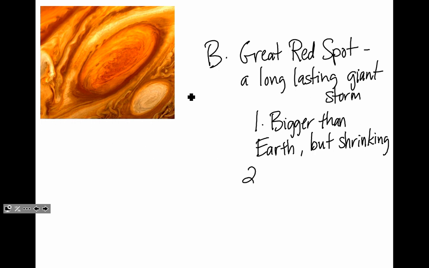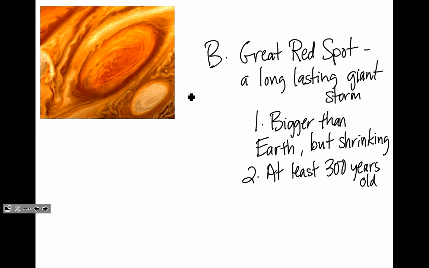It has been around an extremely long time. It is at least 300 years old, because that was our first report. With a decent telescope on a dark night, good conditions, you can see the spot. So it was first reported about 300 years ago, shortly after telescopes were invented.